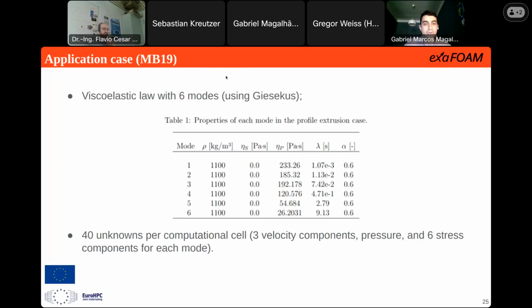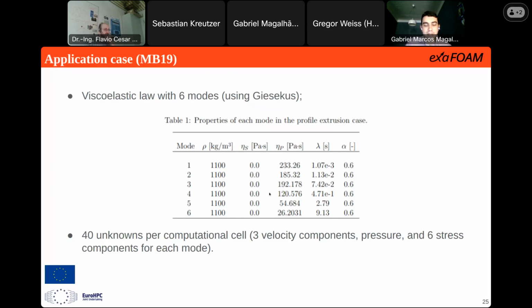And our fluid is modeled by 6 modes using Giesekus. An interesting characteristic of this real fluid used in the benchmark is that no mode has solvent viscosity.